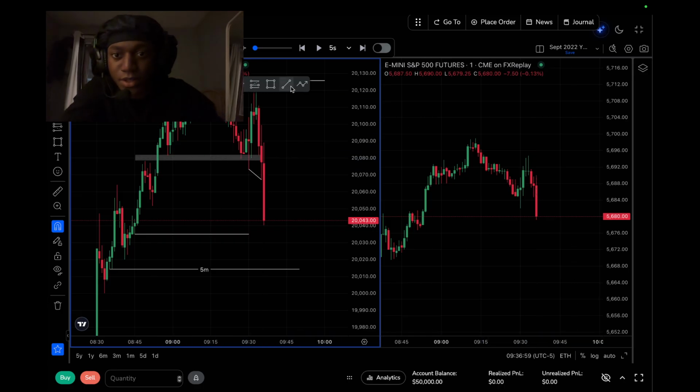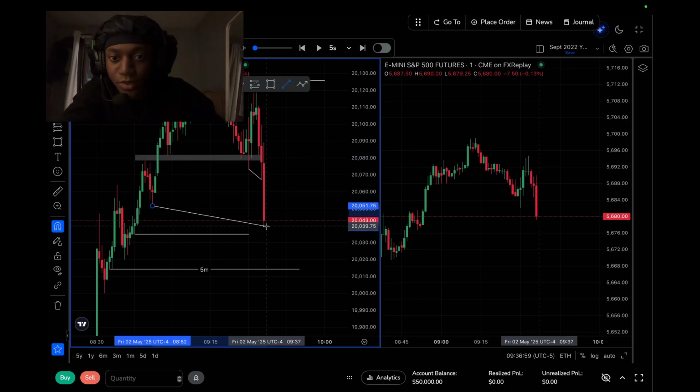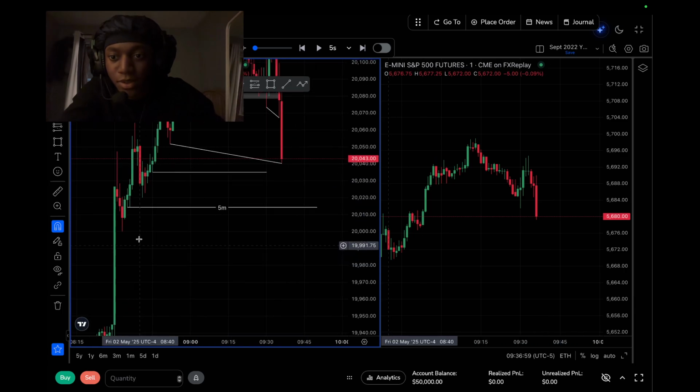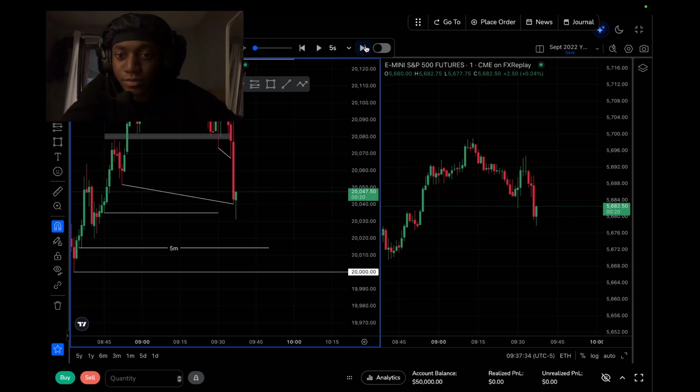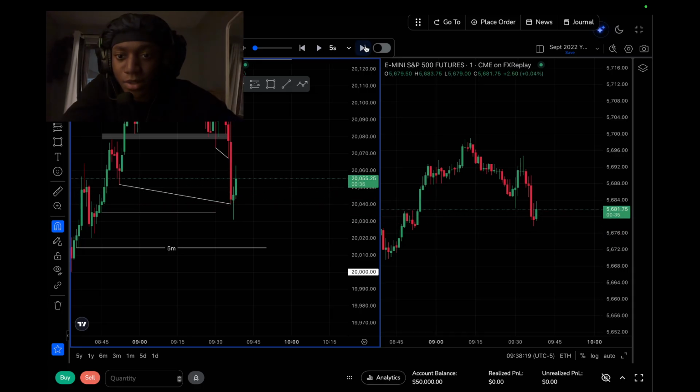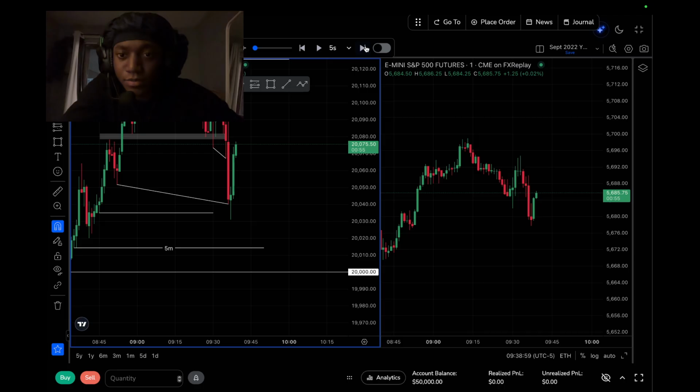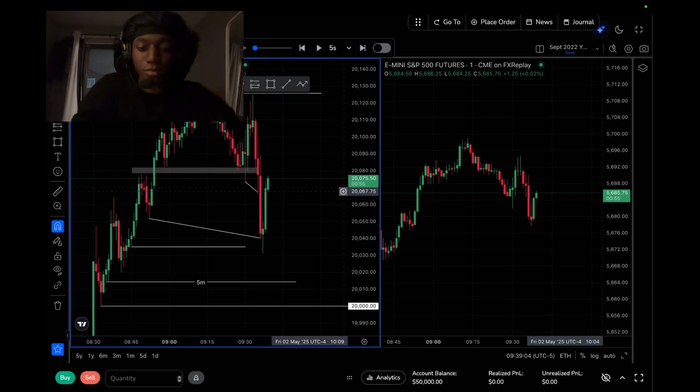Candles closed. You have another SMT here. Does look like we want to see this 5-minute gap, and maybe this low down here, which looks pretty clean. Let's see if we can get a rebalance. Okay.